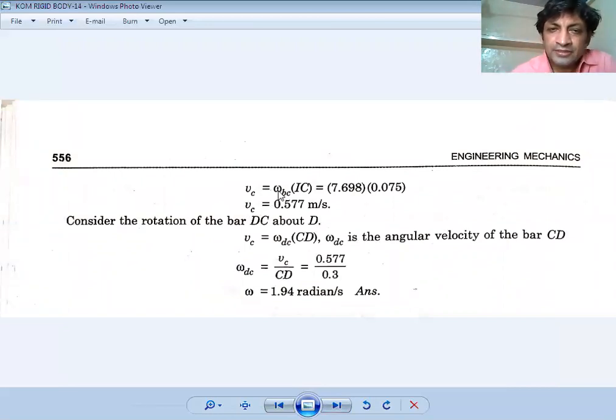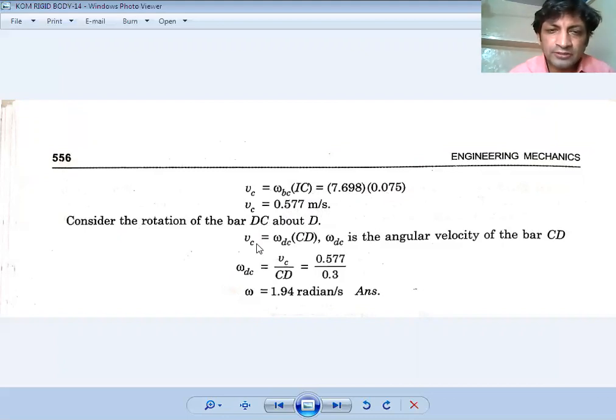Next, VC. VC is equal to omega BC into IC. We have calculated omega BC, that was 7.698, into IC, that is 0.075 meter. So VC is equal to 0.577 meter per second.